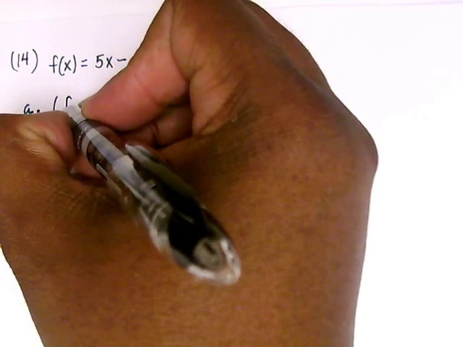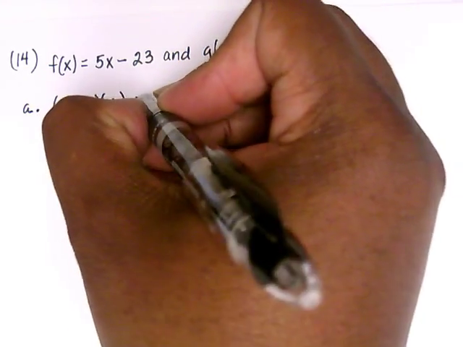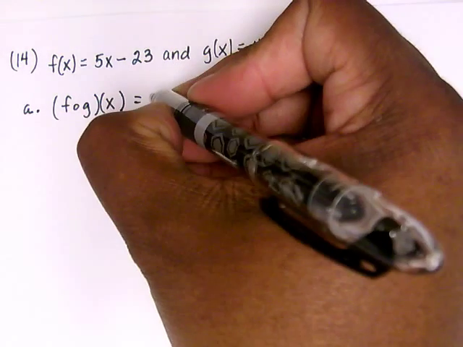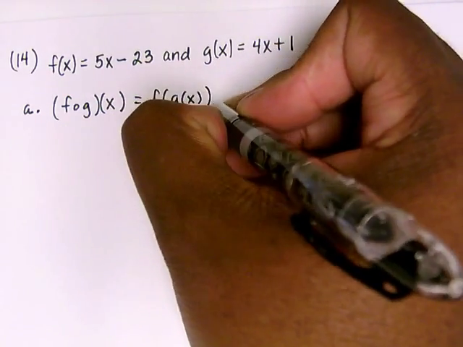So here I want the composition of f with g of x. Well, the composition of f with g of x, or f circle g of x, would simply be something like this, f of g of x.